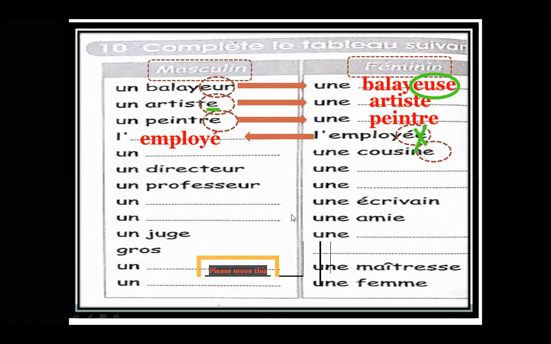In cuisinière, it becomes what? Only we will omit this letter, the final E. It becomes cuisinier. Notice here, there is no E.